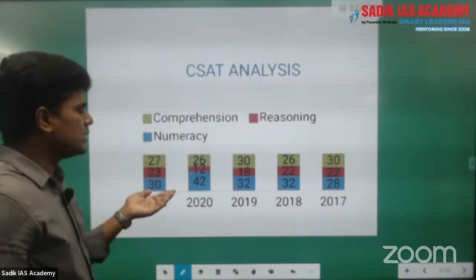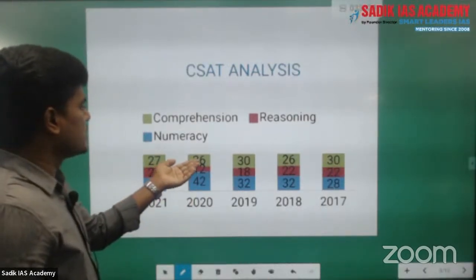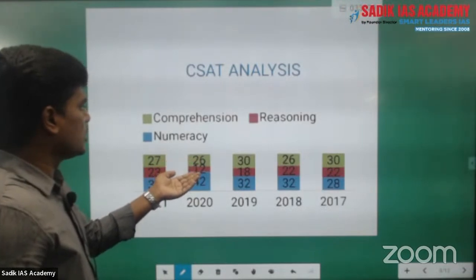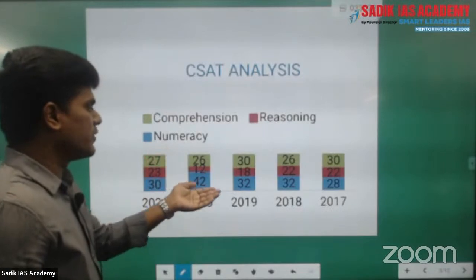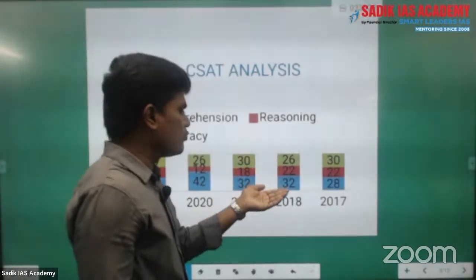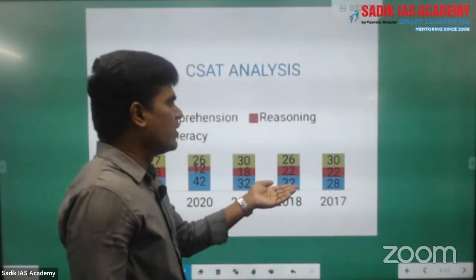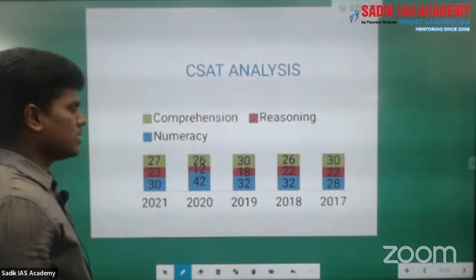Similarly in 2020, 26 questions from comprehension, 12 from reasoning, and 42 from numeracy. Similarly, you could see the number of questions in each year in the 3 different areas.